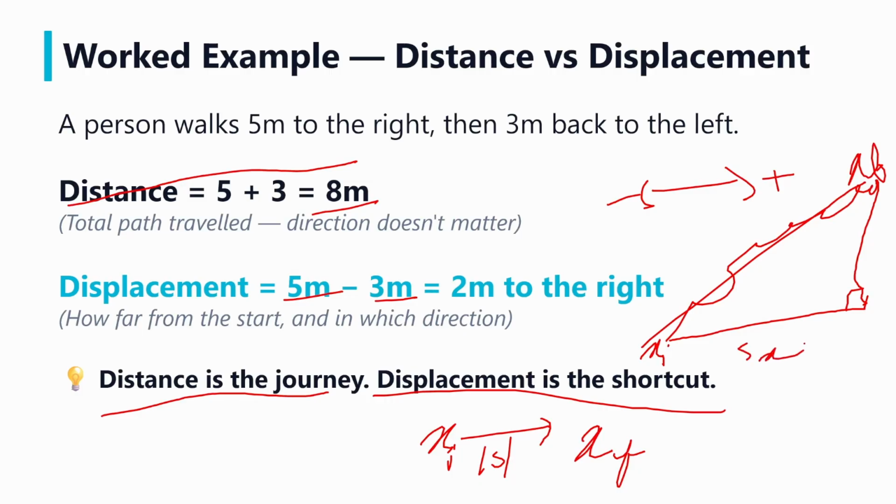This is Sx, this is Sy, and ultimately you get S equals the square root of Sx squared plus Sy squared. Again, these are just formulas I'm throwing out, but just use your brain.